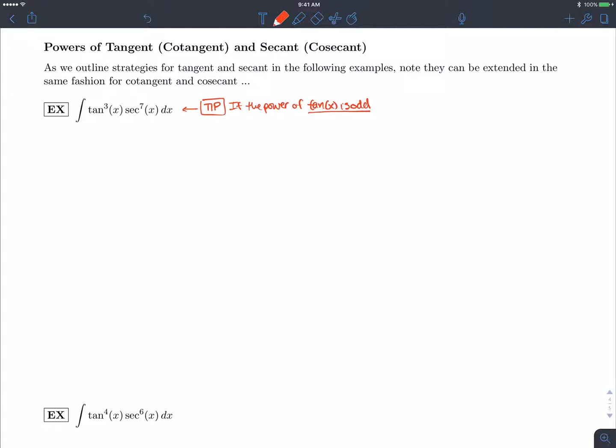If the power of tangent is odd, what we're going to do is borrow a power of tangent x and secant of x to pair with dx. All right, so we're pulling a tangent and a secant from this.